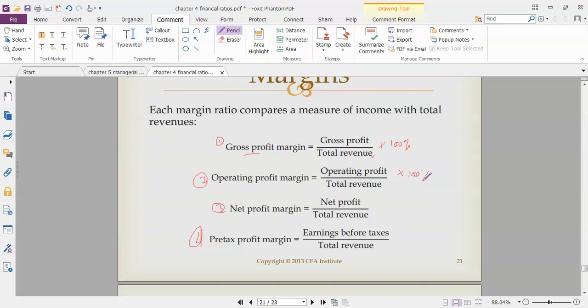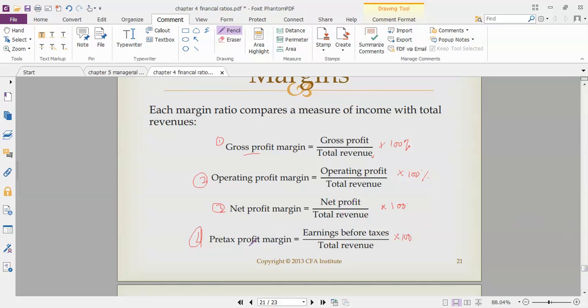So the answer should be in percentage. Net profit margin: how to calculate? Net profit divided by total revenue.